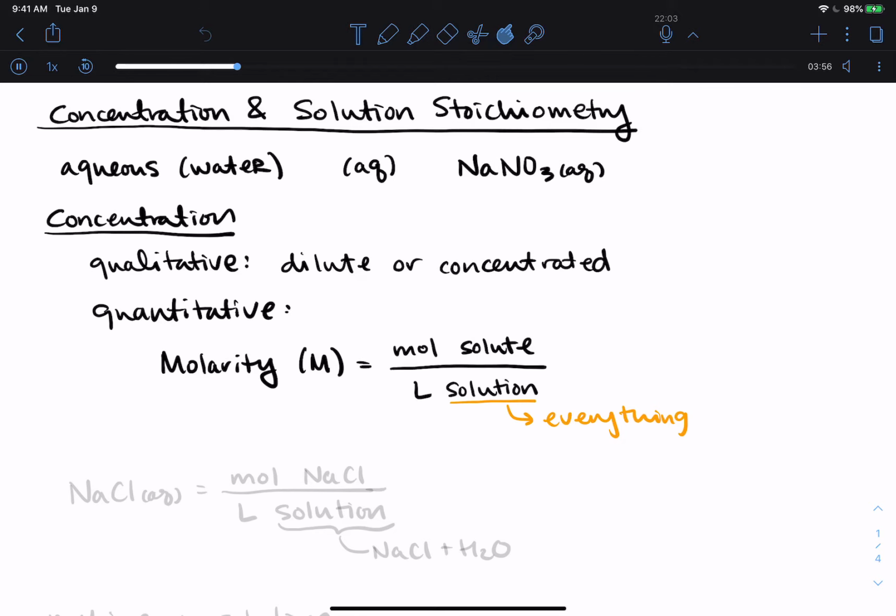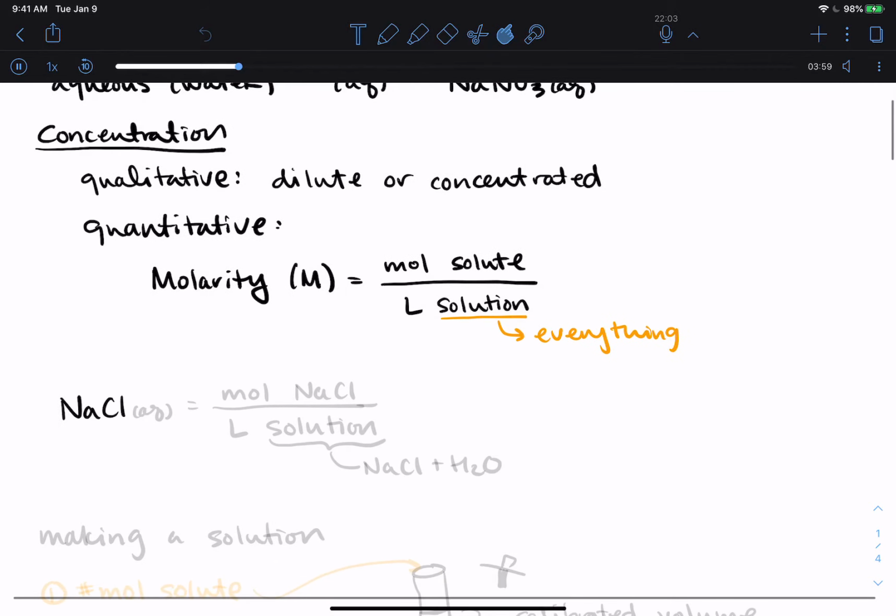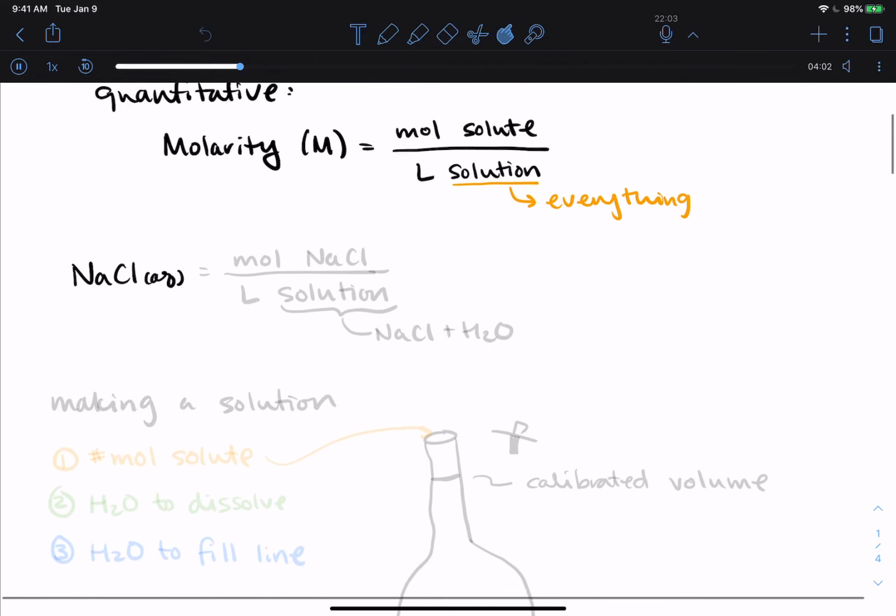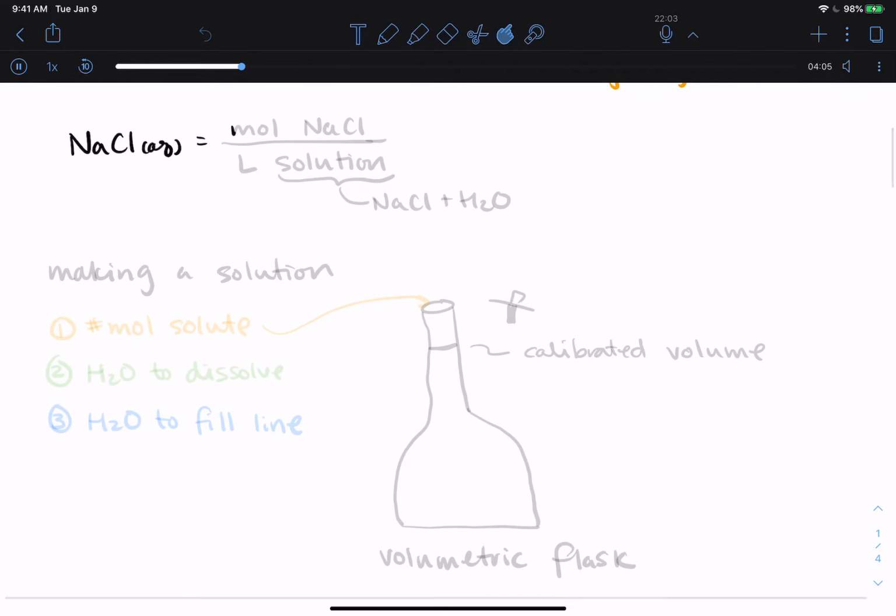So, for example, if we had sodium chloride, aqueous, our calculation would be moles of sodium chloride over liters of solution, right? And now the solution, remember, is the NaCl and the water together. So the way that we make solutions will help you see kind of how and why we're using that volume of solution when we calculate molarity.